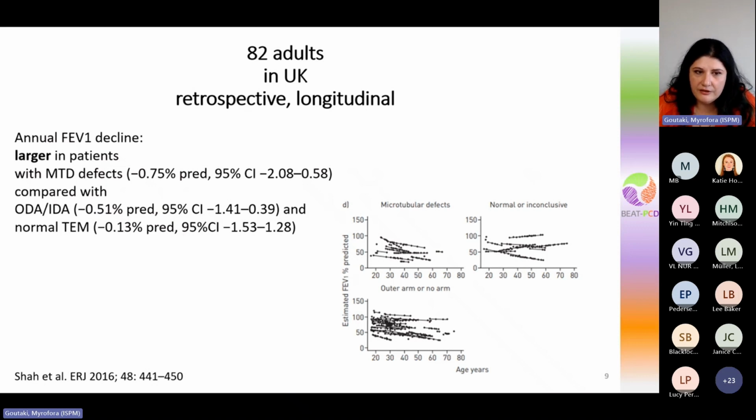And this study from the UK showed that, again, patients with microtubular defects not only had a lower baseline FEV1, in that case presented as FEV1% predicted, but also the annual decline for these patients was much steeper in comparison with the normal or inconclusive ultrastructural defects or with the DNA arm defects.